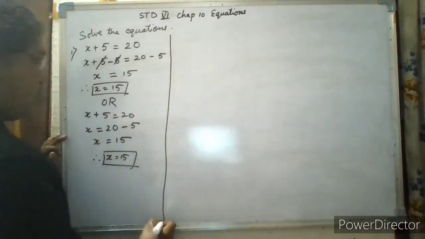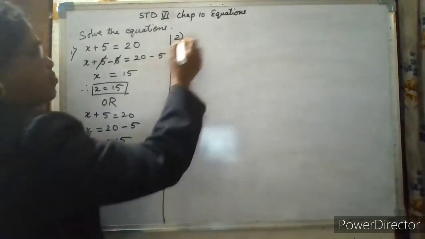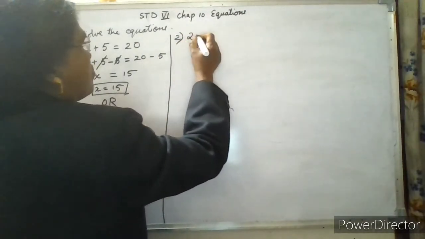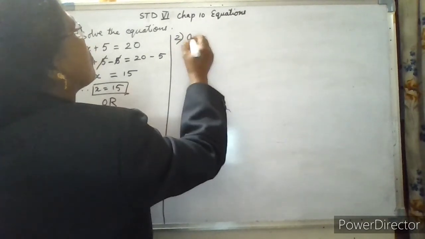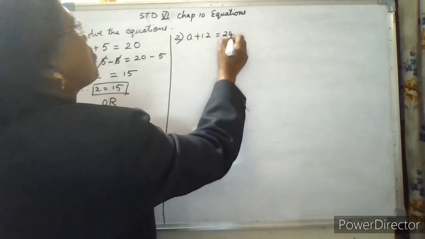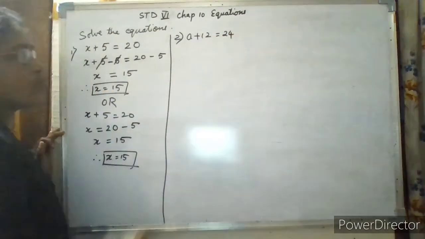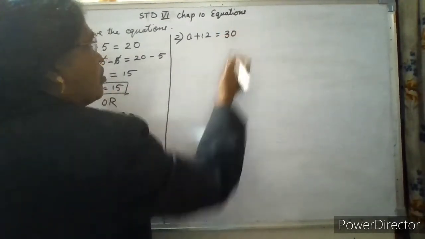Now, second example. a plus 12 equal to 30.